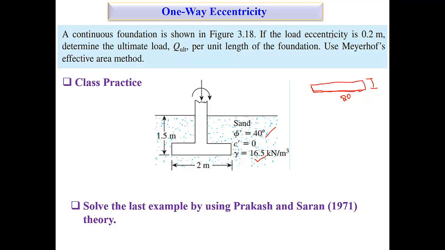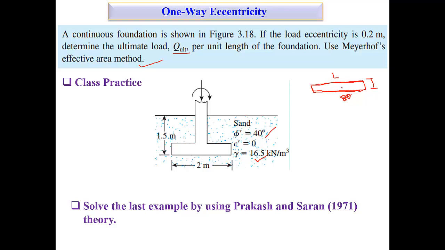So the load eccentricity is given as 0.2 meter. Determine the foundation load Q ultimate per unit length of the foundation. Use Meyerhof's effective area method. Okay, so what does it mean? Maybe you have a foundation like that, right? So this is your L, and this is your width.